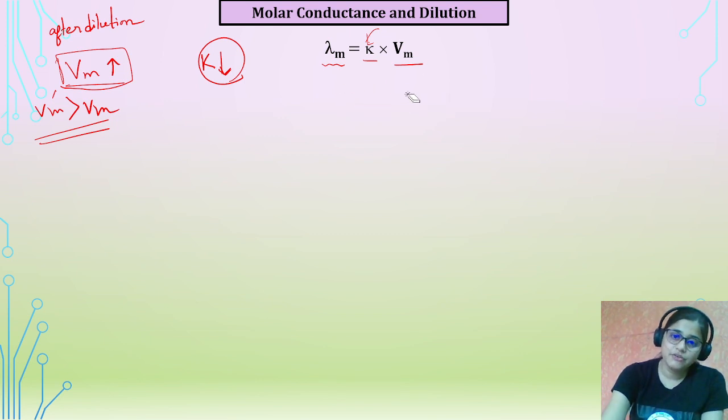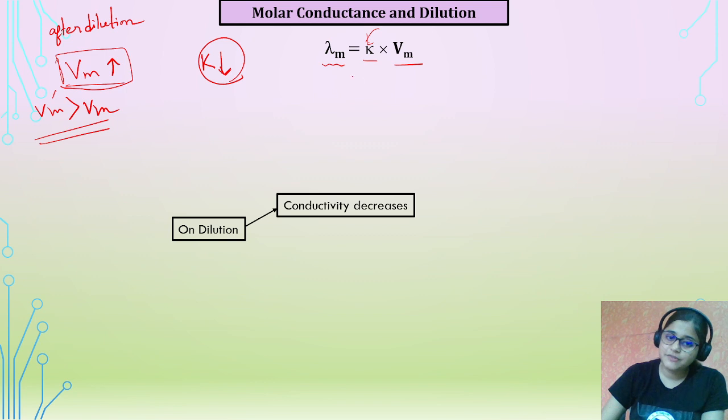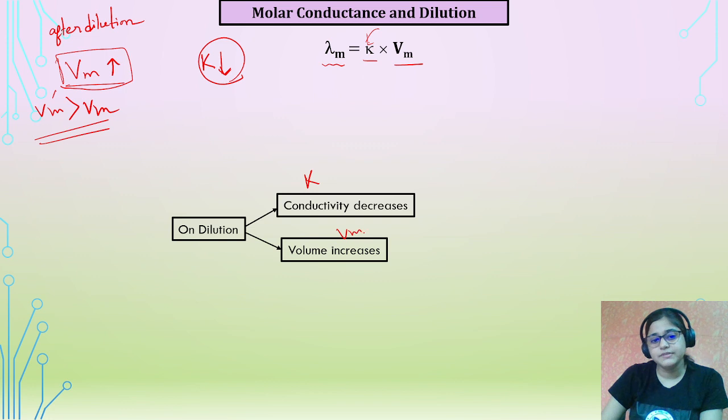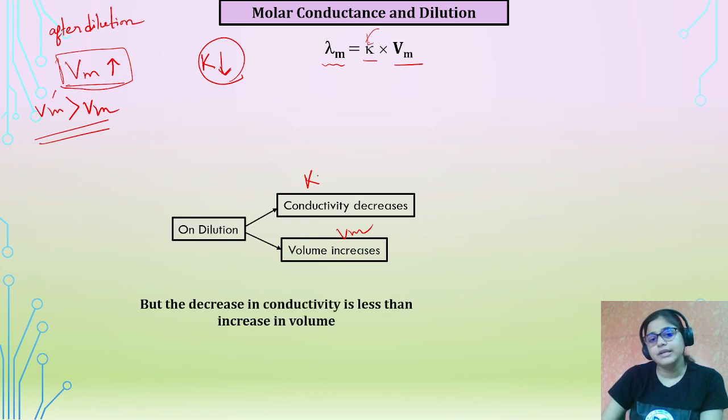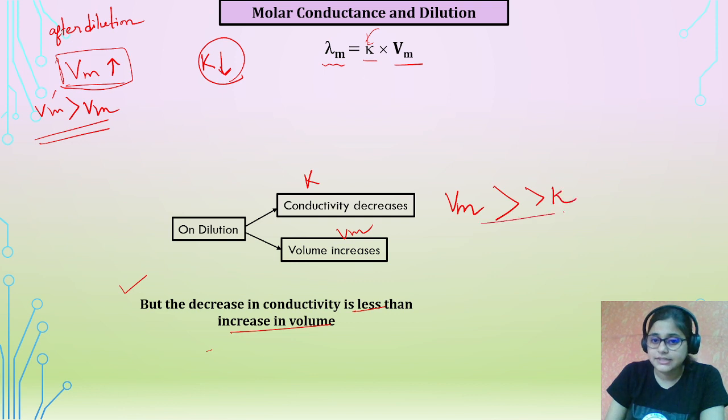But theoretically we can say that, but practically that is not the case. So let's find out what the practical case is. On dilution, the conductivity decreases, meaning kappa value decreases, and volume increases, so Vm increases. The combined effect should be no change in lambda m, but experimentally it is found that the decrease in conductivity is less than the increase in volume. Means the effect of the increase in volume is more than the decrease in kappa.